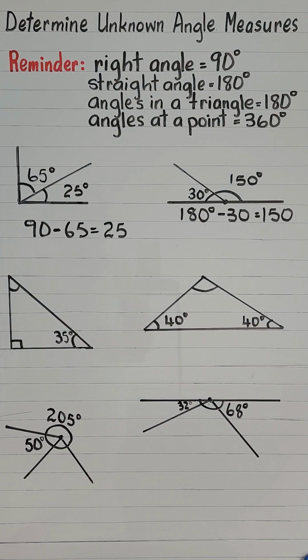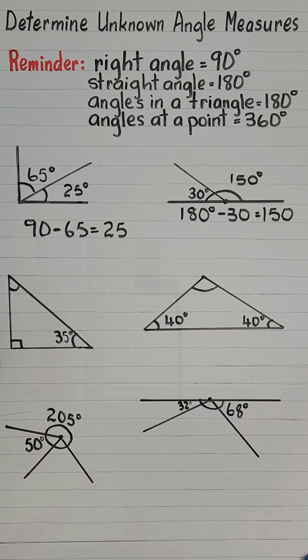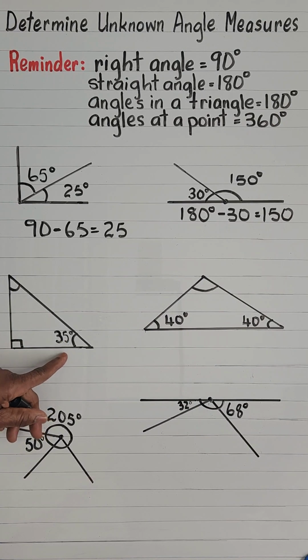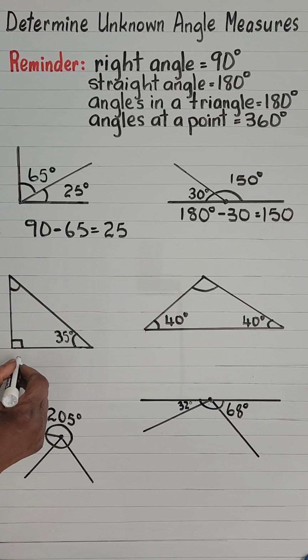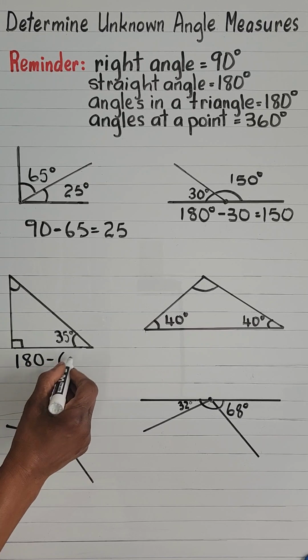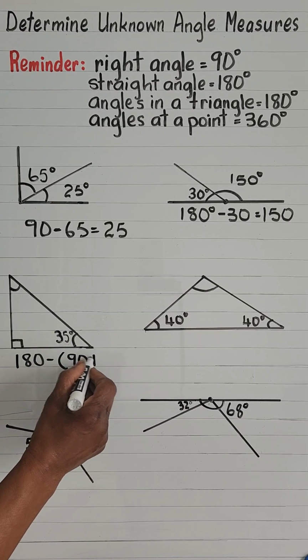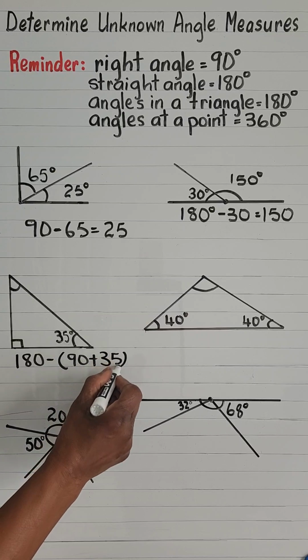Next, we have a triangle. A triangle has three angles. And the angles in a triangle is equal to 180 degrees. So we know this is 90 degrees, a right angle, and we know this is 35. So we're going to add these two, and then we subtract from 180 to find the unknown. So it's 180 minus 90 plus 35.